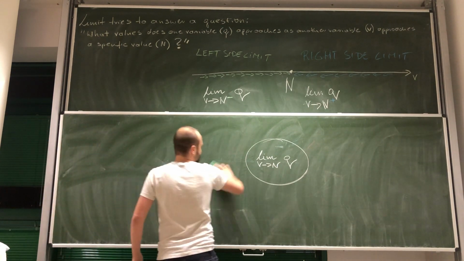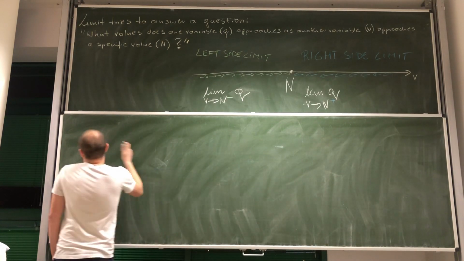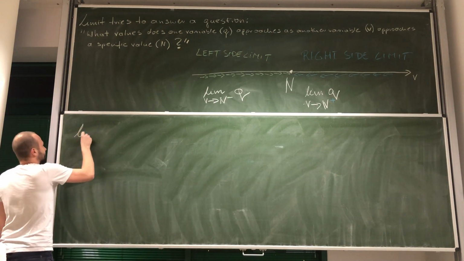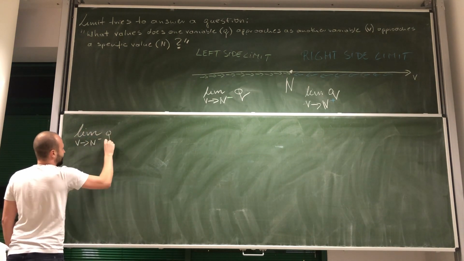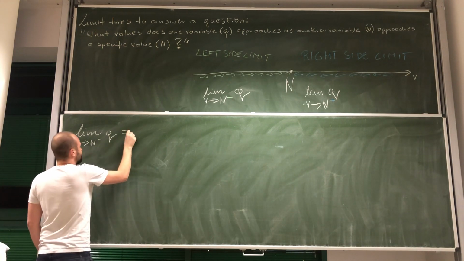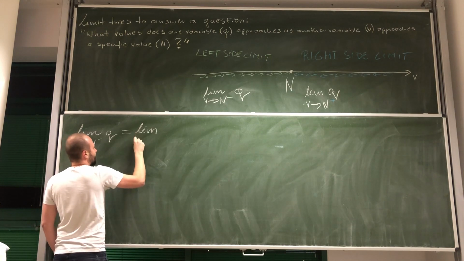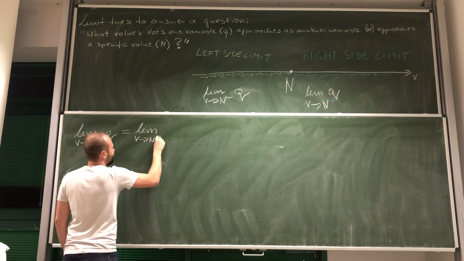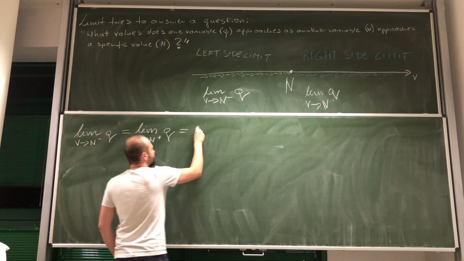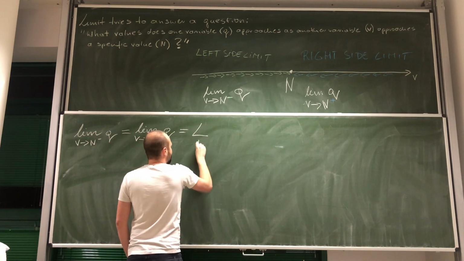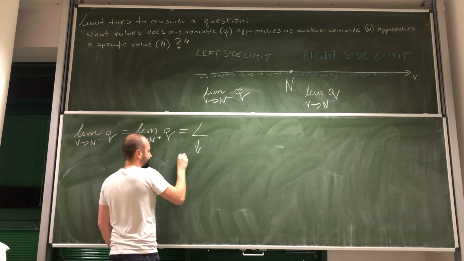If the limit with v approaching n from the left-hand side is equal to the limit with v approaching n from the right-hand side, and this is equal to some L, and this L is a finite number.